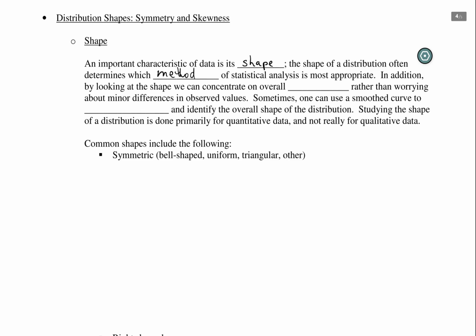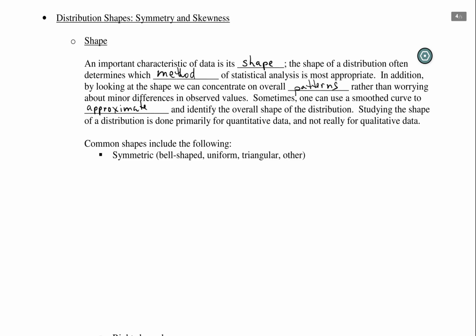right kind of method. In addition to looking at the shape, we can concentrate on overall patterns in the data, rather than just minor differences in a few observed values. Sometimes we can use a smooth curve to approximate and identify the overall shape of the distribution.